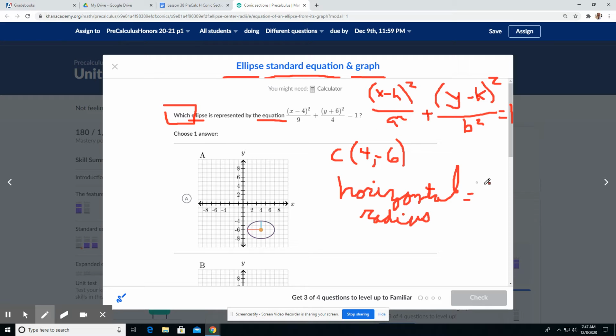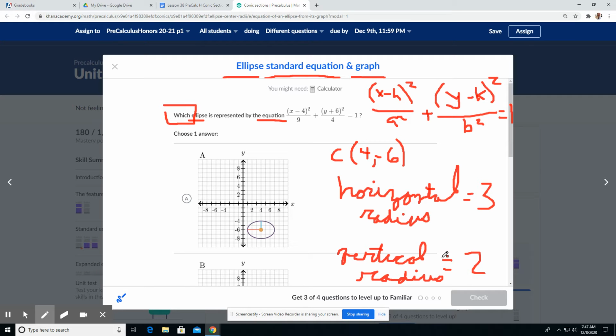The square root of 9 is 3. And the vertical radius is the number in the denominator for the y binomial portion, and the square root of it. So the square root of 4 is 2.